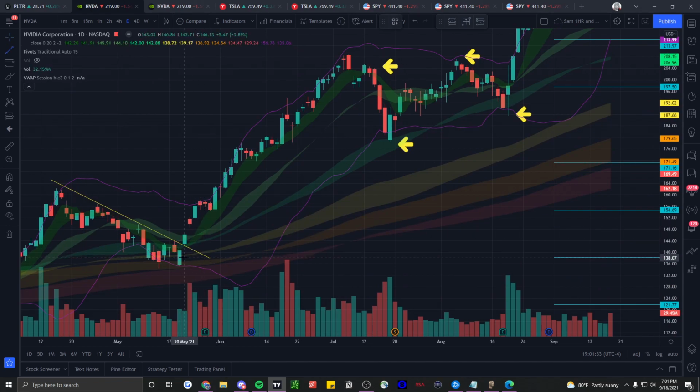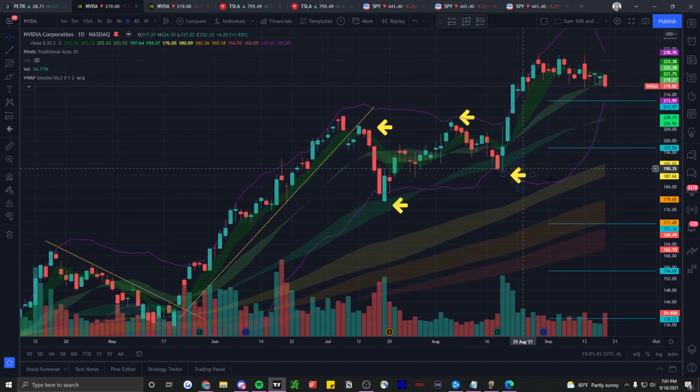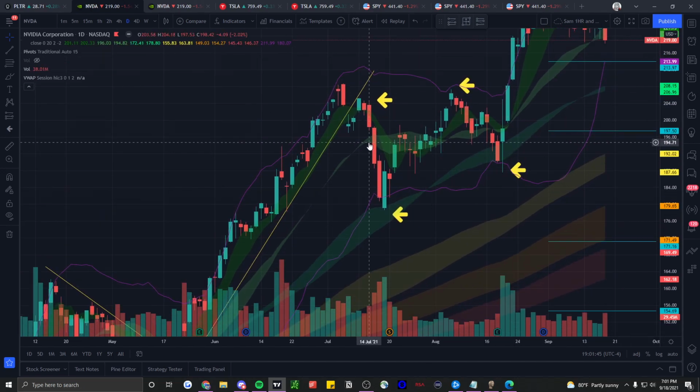Or shorting this break of uptrend. We short into here. Our risk is probably going to be this new all-time high. But our initial targets are going to be this 20-day moving average and the Bollinger Band and 50-day moving average. So say we get short here, our moving averages start to trend downward, and we cover into the next area of supply and demand.